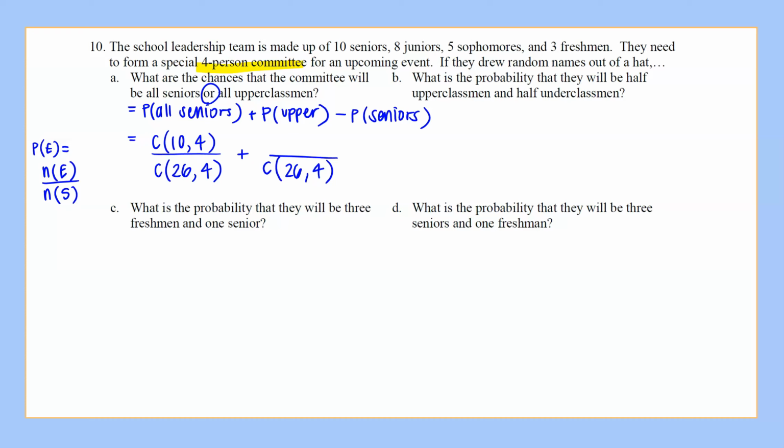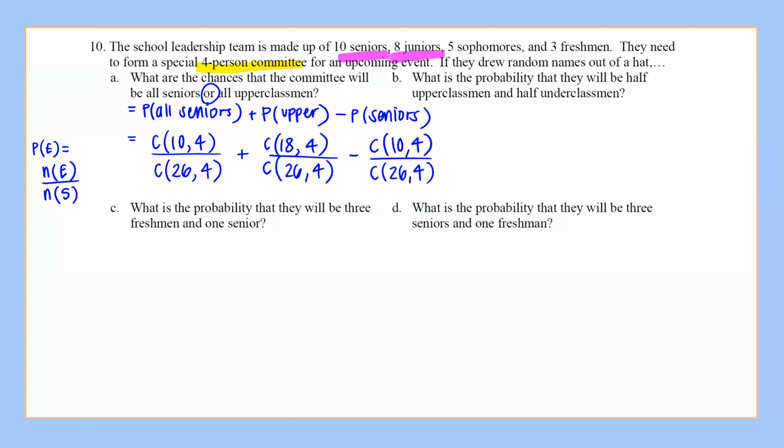In my numerator, upperclassmen would consist of juniors and seniors. So I have 10 seniors plus 8 juniors would be the combination of the 18 upperclassmen. How many different ways can I select 4 of them? And then, of course, I would subtract out the probability of seniors again.